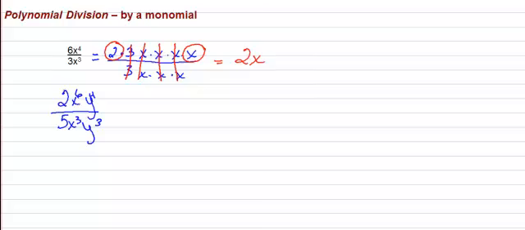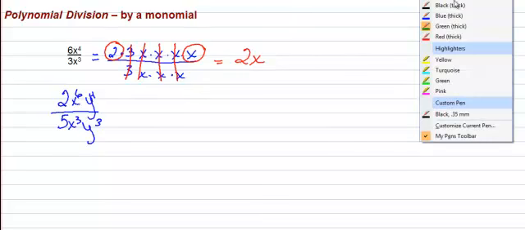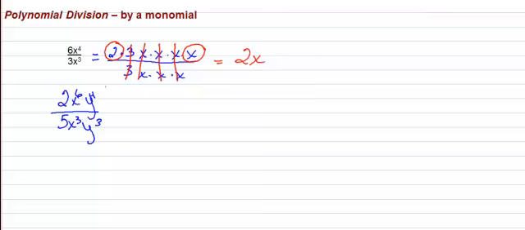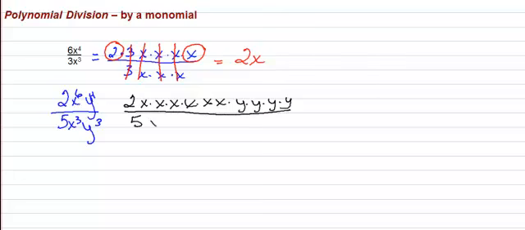So let's do one more. It's a little bit more complicated, but not that much. And I'm going to use the same sort of method where I do 2 times 1 times, and then I've got 6 x's, 3, 4, 5, 6, and 4 y's all over 5 with 3 x's and 3 y's.